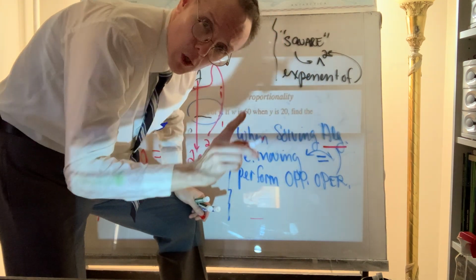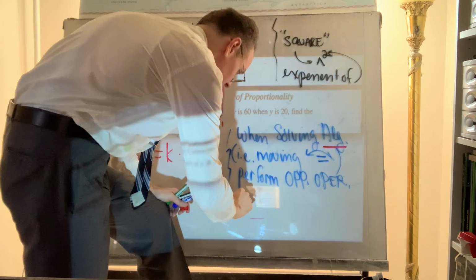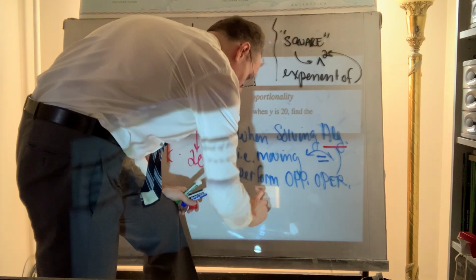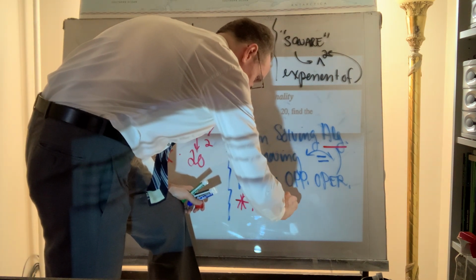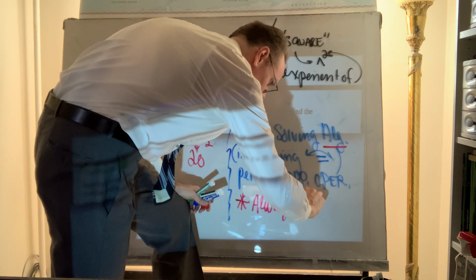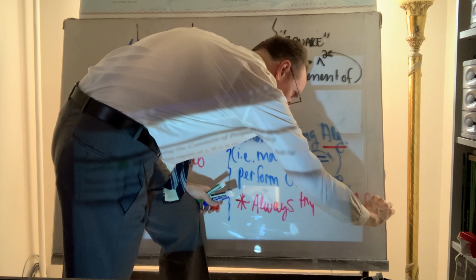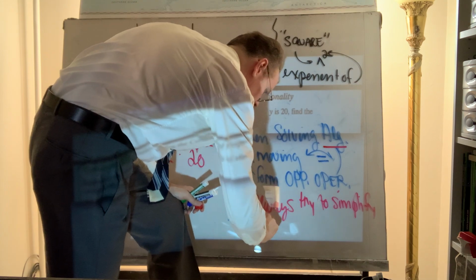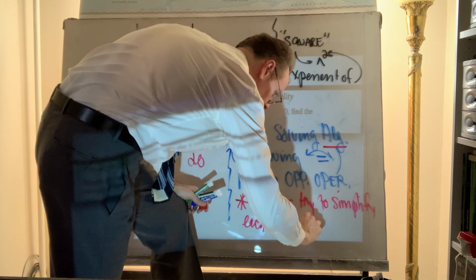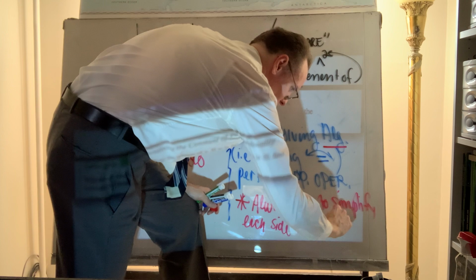Before you play the game of algebra, as a prerequisite, always try to simplify each side independently first. That's arithmetic.